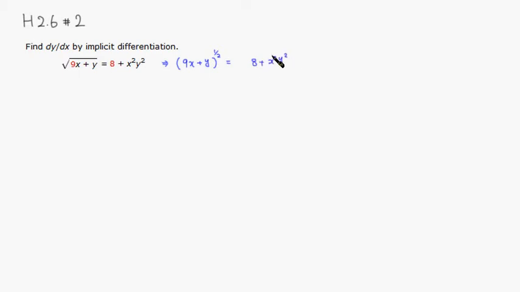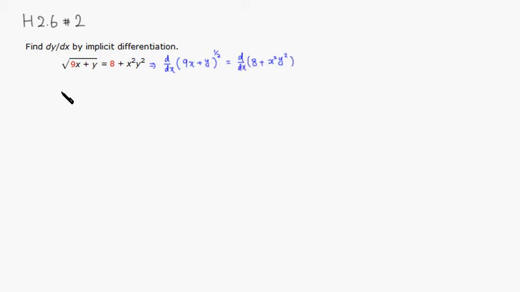Then we just need to take the derivative of both sides of the equation. So I'm going to put d over dx, the derivative with respect to x. So let's do that.